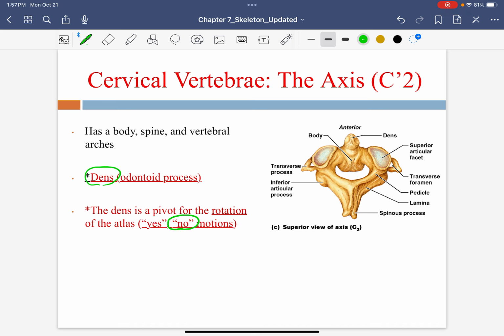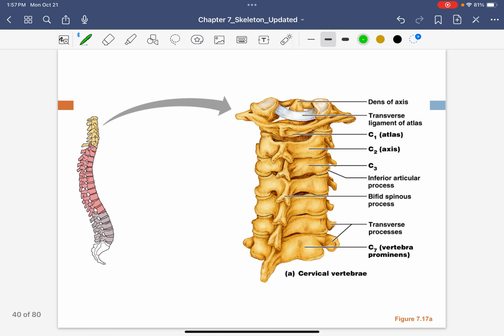This is a review. I talked about it in lab. Here's a nice way to see how everything fits together so we can label it. Here is C1 atlas. Here is C2 axis. We can see C2 and we have the mini penis coming up into the atlas. There is a ligament there, but you don't need to know that. But some good pictures for you here.